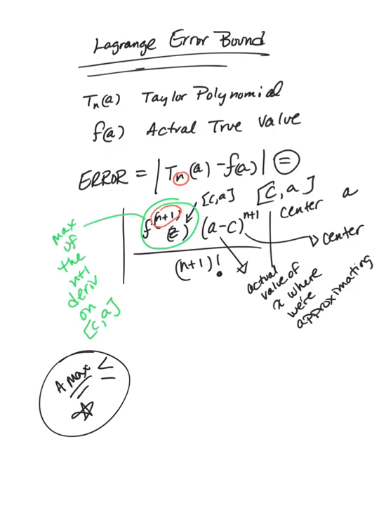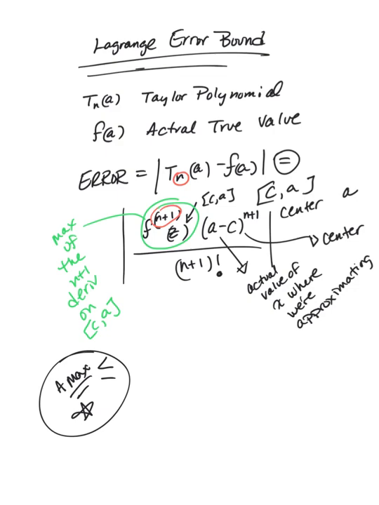Okay, so I'm just going to explain it once more. You need to process it, close your eyes, repeat it, understand it. So Lagrange error bound: if you have a certain degree Taylor polynomial, let's say that degree is 3, your error bound would be the maximum value or a maximum value.